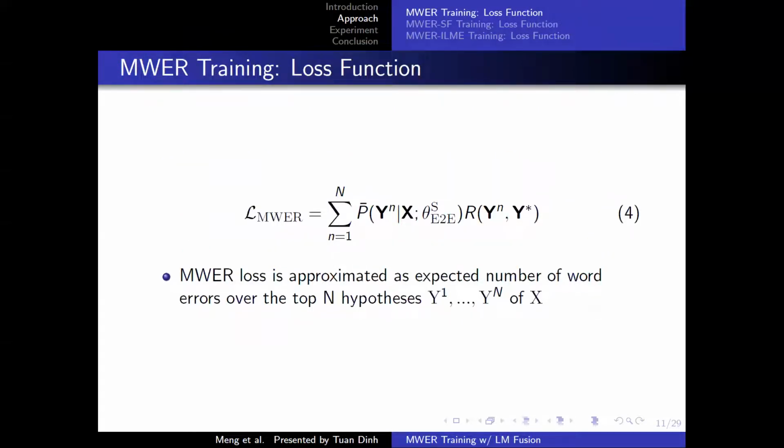In recent years, minimum word error rate loss functions have been used effectively in training end-to-end models. In this work, MWER was used to train the end-to-end baseline. The MWER loss is approximated as the expected number of word errors over the top N hypotheses y1 to yN of input speech x.